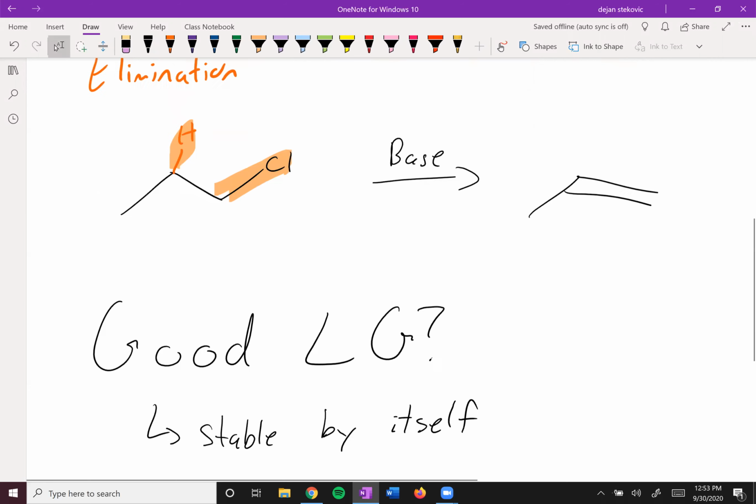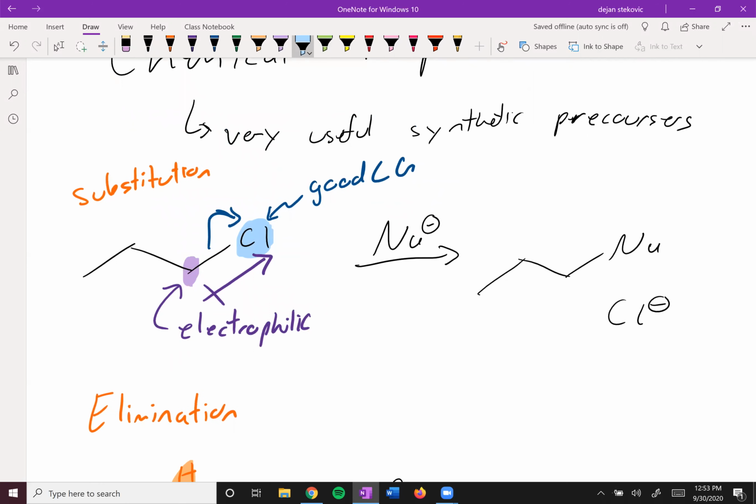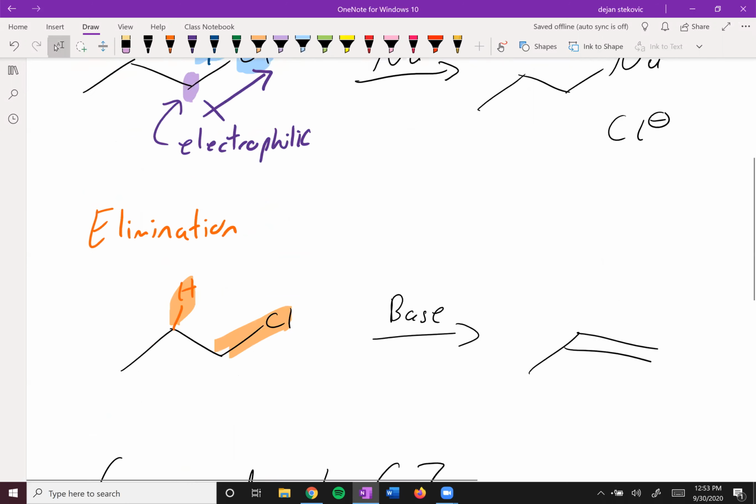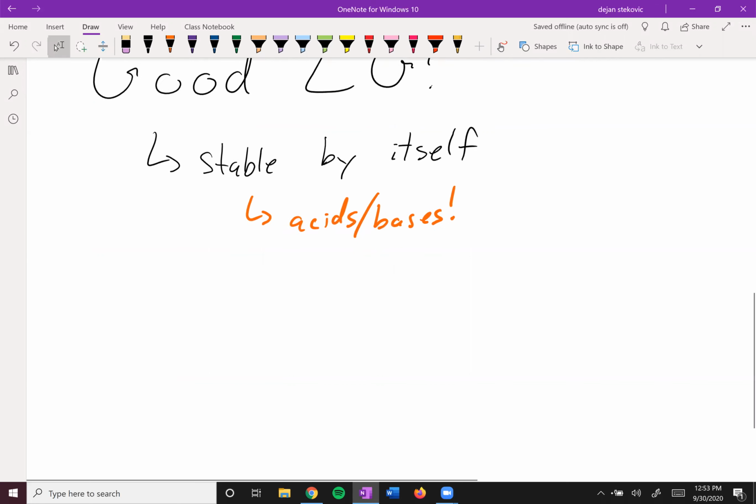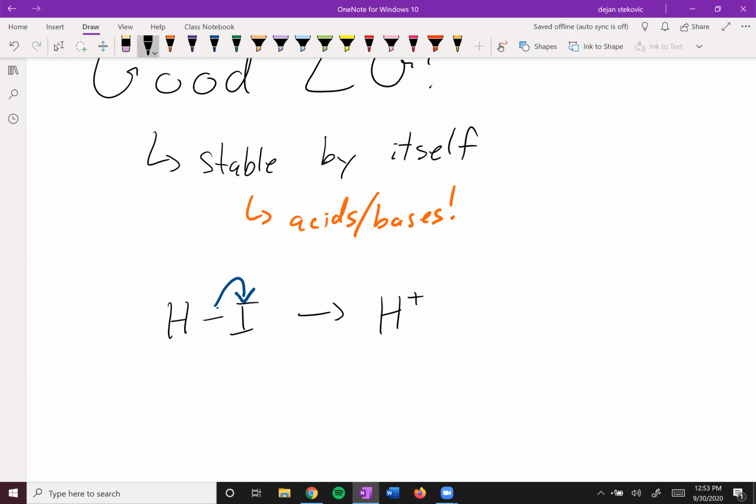And when we're talking about leaving groups, right, they leave and they take the electrons with them, right? So if we're thinking about something leaving and taking the electrons with it, what you can think about is acids and bases. So for example, if we have HI, right, we could draw a reaction where the electrons go on this I, and then we would get H plus and I minus, right?